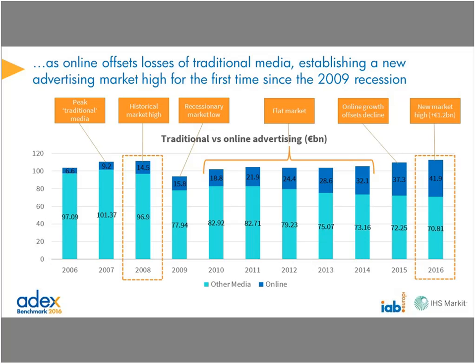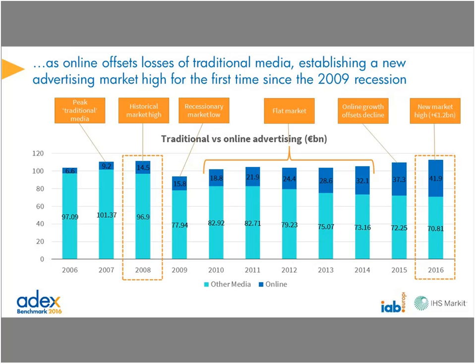We then had the recessionary market low in 2009 as the recession hit hard, and many years of a flat market where established markets were trying to recover from the recession, and we saw emerging markets making good for those losses. A key thing, though, is that we can see that the share of other media, traditional media, declined throughout, and that this stability was mainly driven forward by the growth of online.